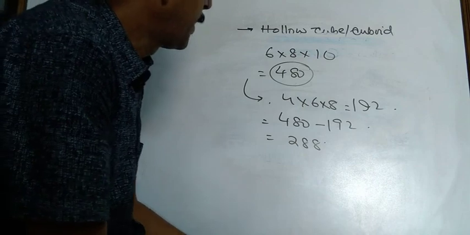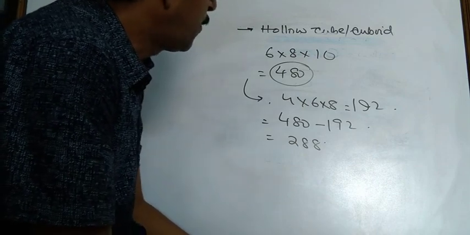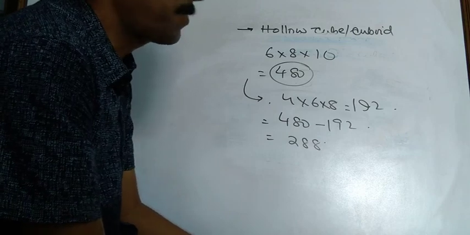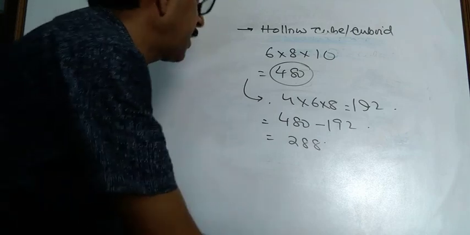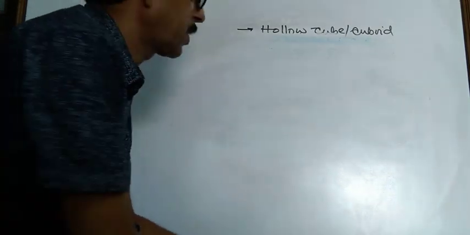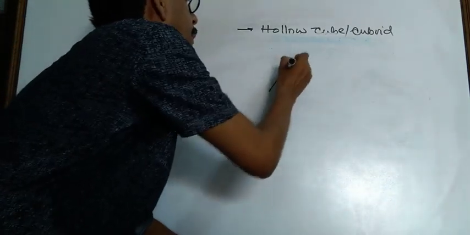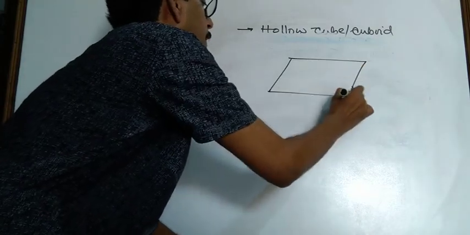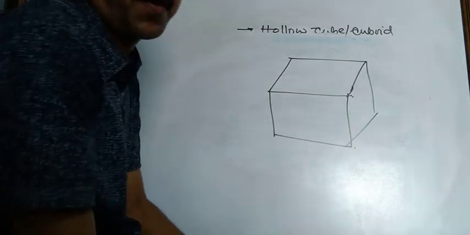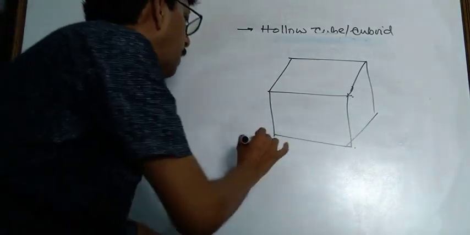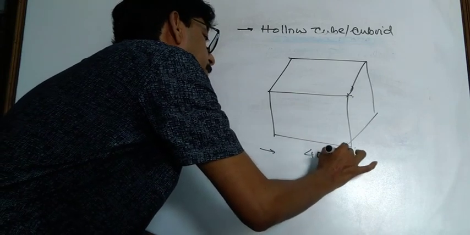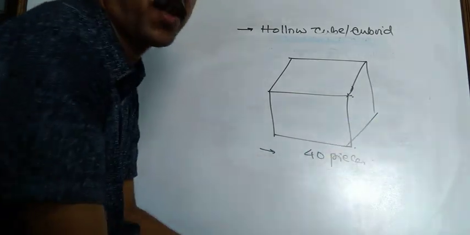Okay. Now, what are the other types of questions that we can have? We can have some other type of question, say, if you are given any structure and my requirement is, say, I need exactly 40 pieces.